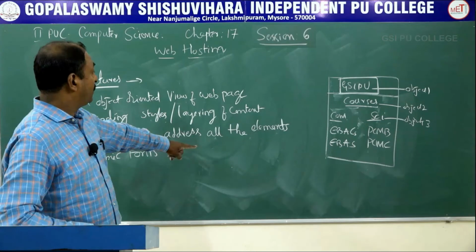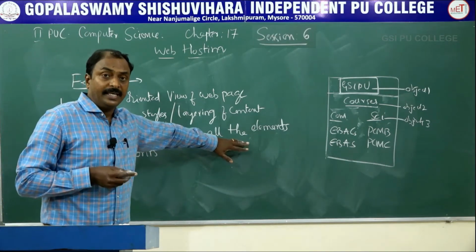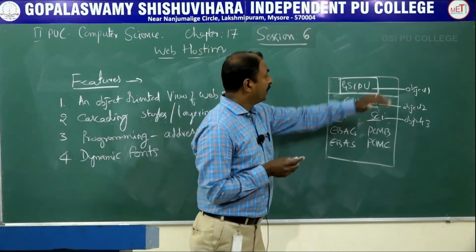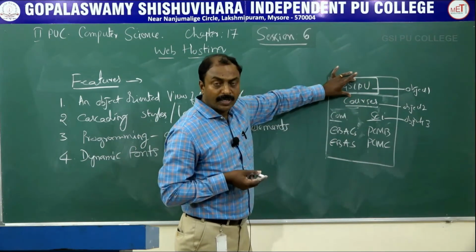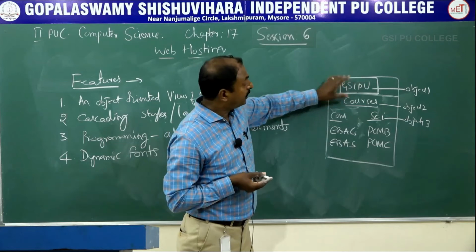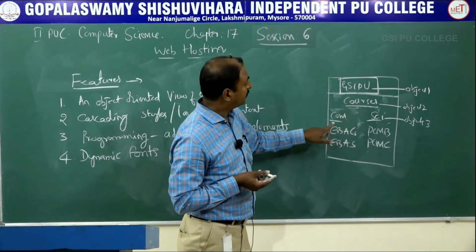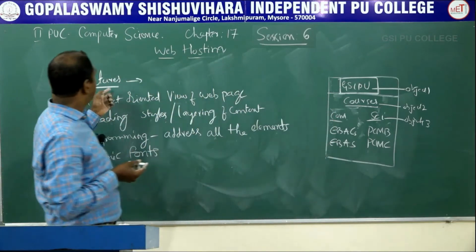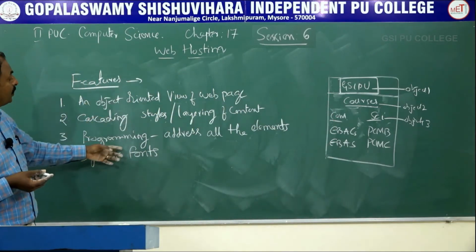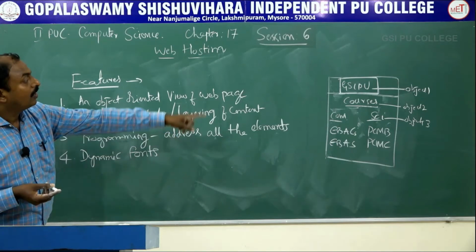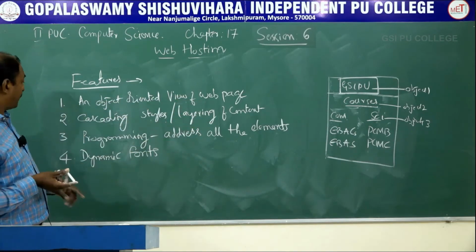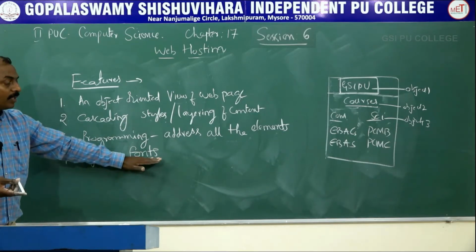So these elements are addressed separately. That is again an advantage of the object oriented view. So there is a separate program or separate code for this, separate code for this, separate code for this. The feature is that it is going to support programming for all the elements within the particular website. Next one is called dynamic fonts.